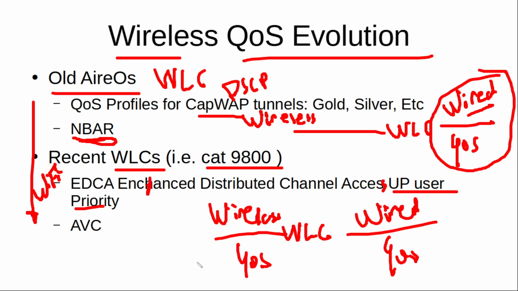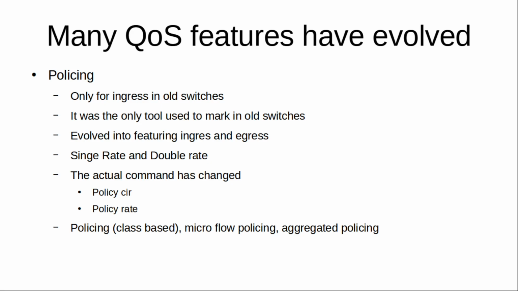So we can actually mark packets traveling over the air in order to provide quality of service over the air. And NBAR evolved into something known as AVC, Application Visibility and Control. So that is the quality of service evolution for wireless.